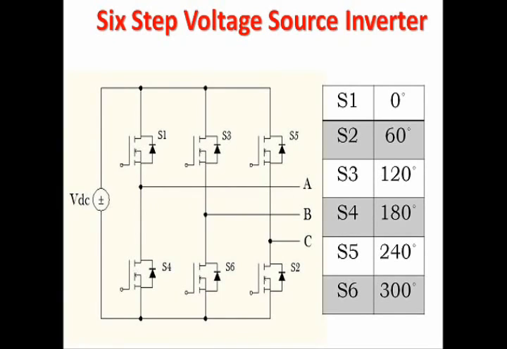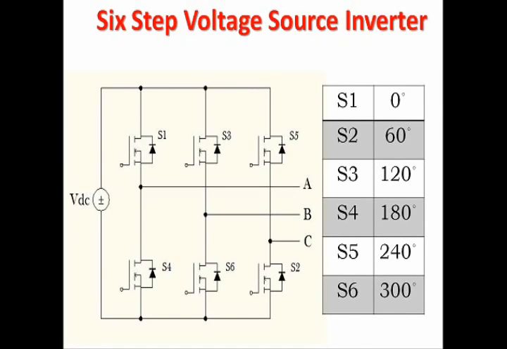So S1 to S6, totally 6 MOSFETs, are used here for producing a 3-phase square waveform as an output. So S1, S3, S5 and S4, S6, S2, these are all the MOSFETs. S1, S3, S5 are the upper MOSFETs, and S2, S4, S6 are the lower MOSFETs.